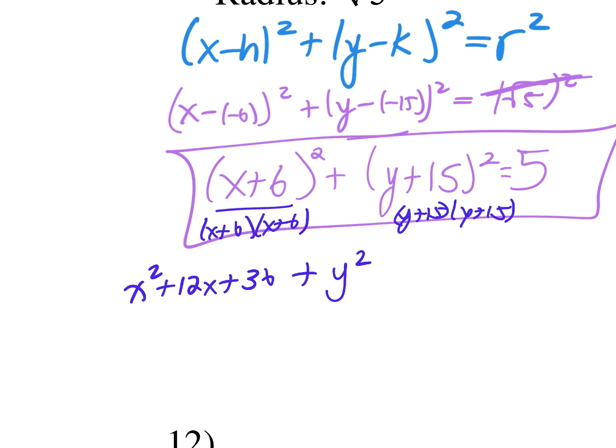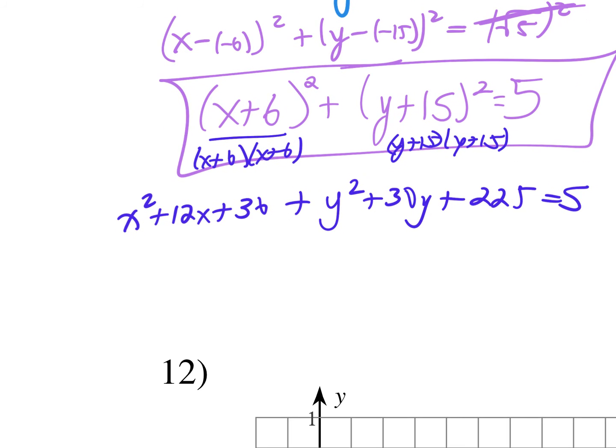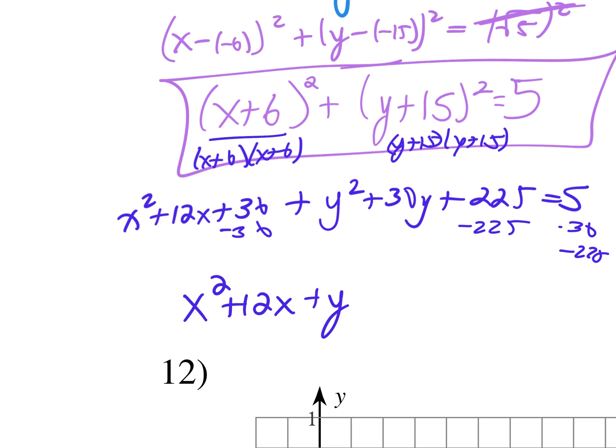So it's y squared plus 30y plus 225 equals 5. Then they would subtract 36 from both sides, and they would subtract 225 from both sides. So the problem would look like this: x squared plus 12x plus y squared plus 30y equals, what's 5 minus 36 minus 225? 5 minus 36 minus 225 is -256.